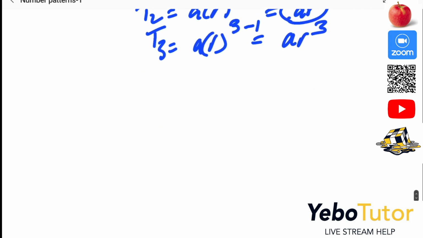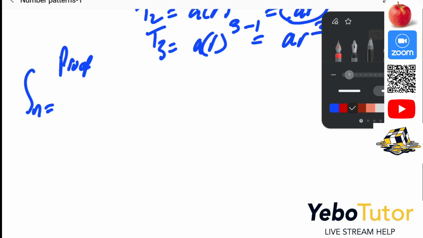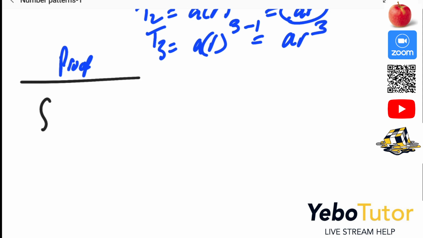So now when you want to calculate the sum of the terms, as we say that the series is more about adding the terms which are available in the sequence. So our Sn now will be equal to, now we are doing the proof. Let's use red, let's use black. For the proof now, we know that Sn is always equal to your a plus ar plus your ar squared, because we are summing up the terms as you are seeing.